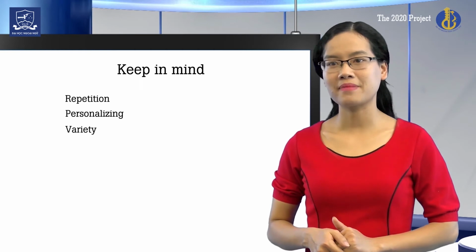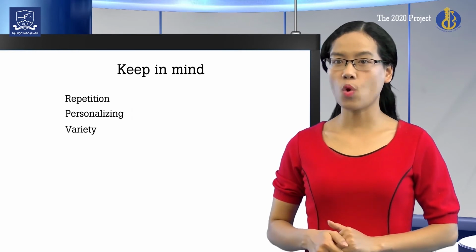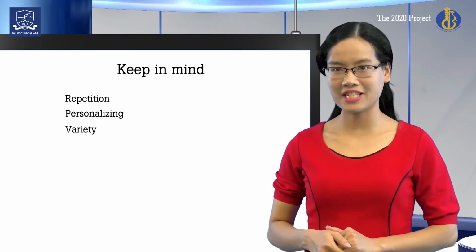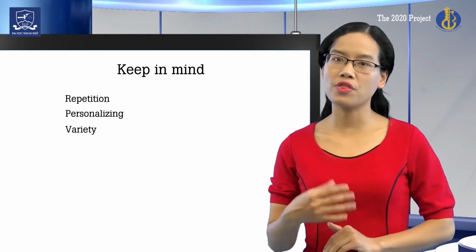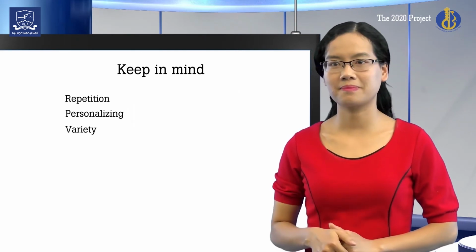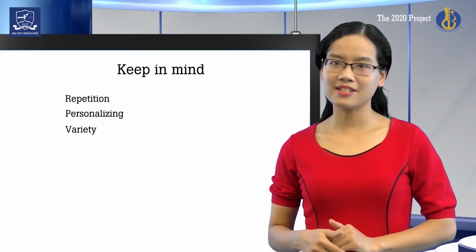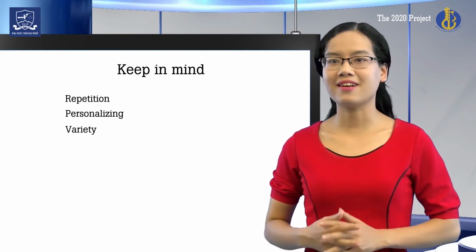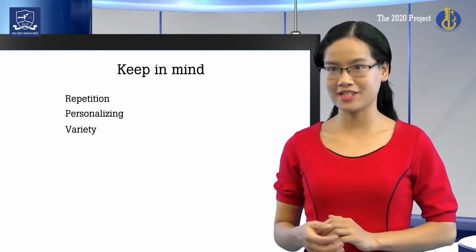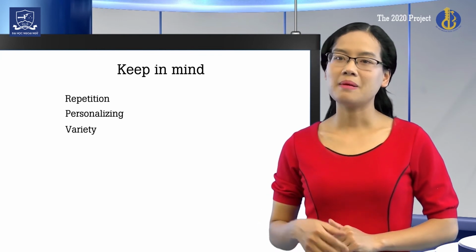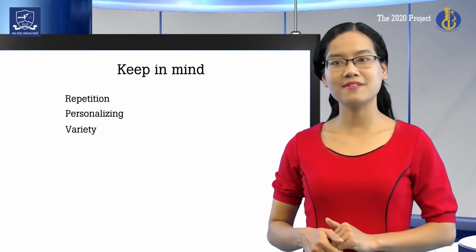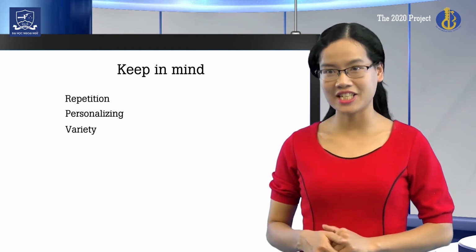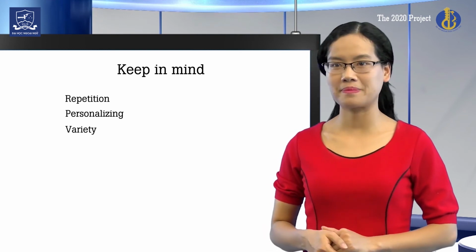As you can see, the first activity, pointing game, is an adaptation of gap filling with for or since. The second activity, negative sentence completion, is an adaptation of sentence completion. But both of the two activities are done in an exciting and motivating way.